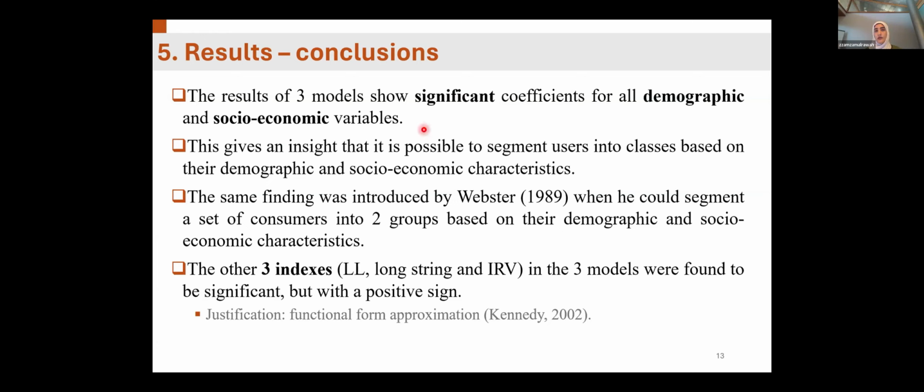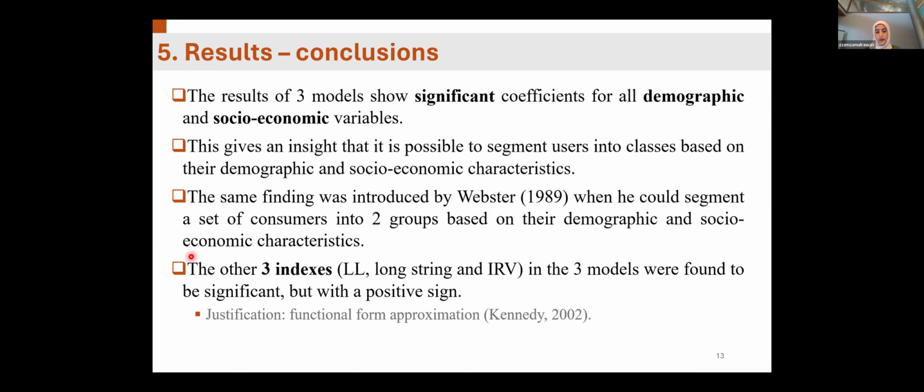And this really aligns with findings of some research shown before that using demographic and socioeconomic characteristics to classify data into responsible and irresponsible groups, or reasonable and unreasonable answers, also worked for some researchers. One example is Webster 1989, who found that he could segment the set of consumers into two groups based on their demographic and socioeconomic characteristics.